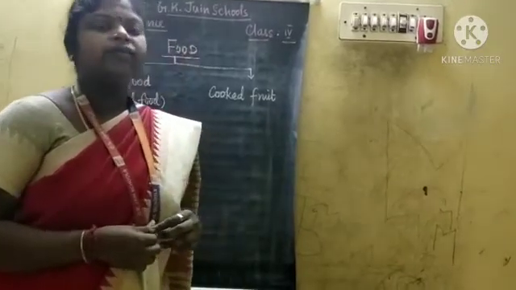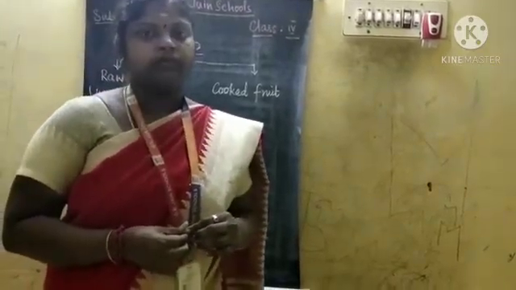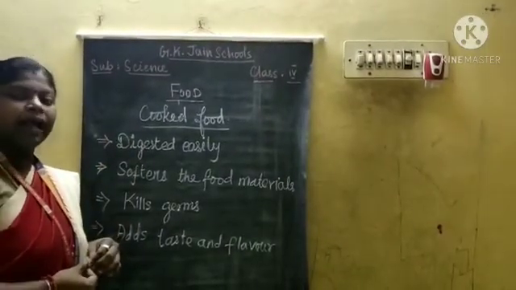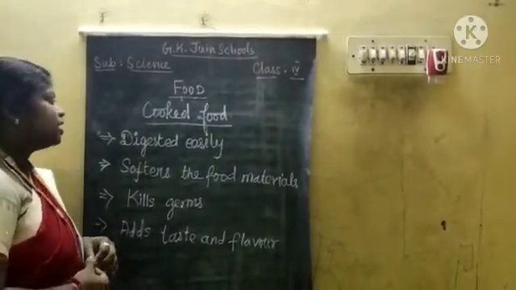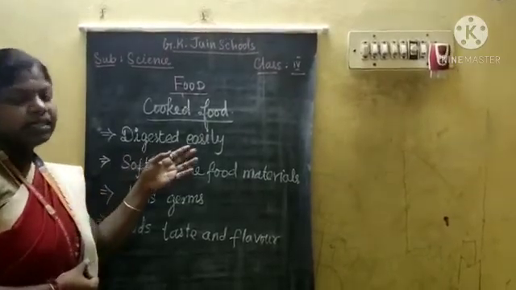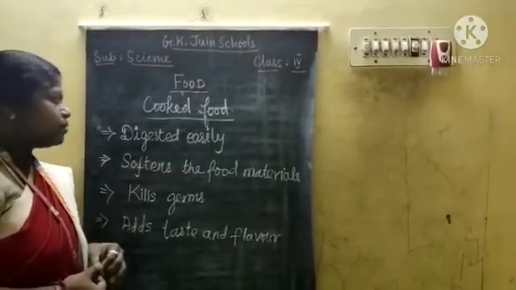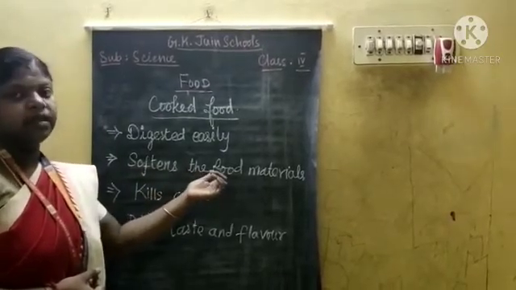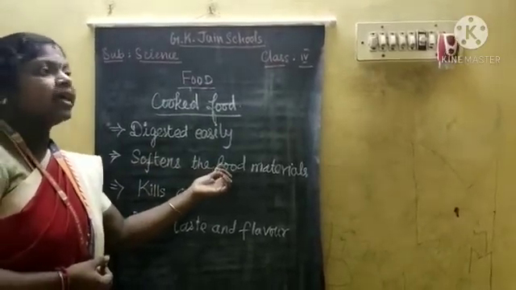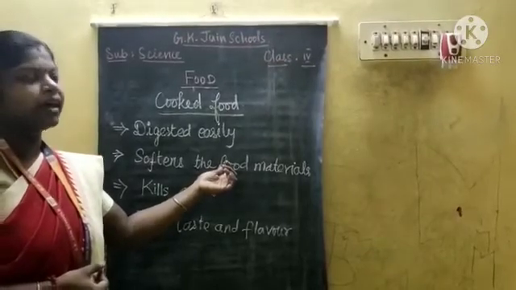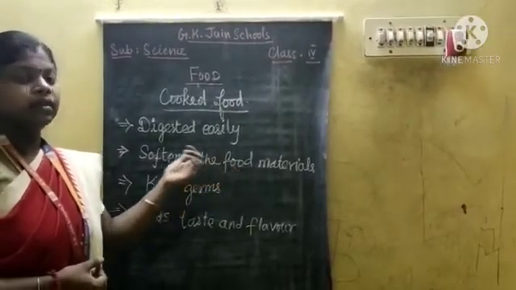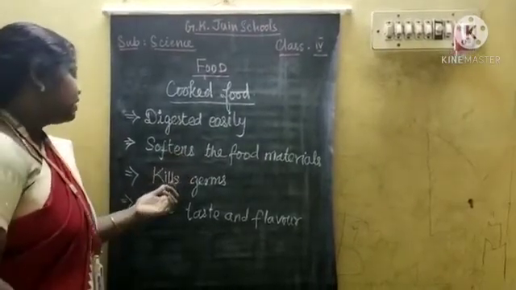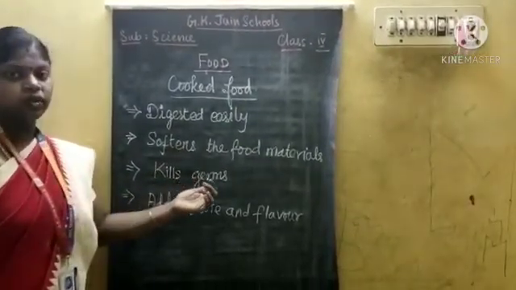I'll tell you why we have to cook food. Cooked foods undergo heating, so they are digested easily in our stomach. It softens the food items. A vegetable like carrot is hard, but while cooking it gets softer. It also kills germs.